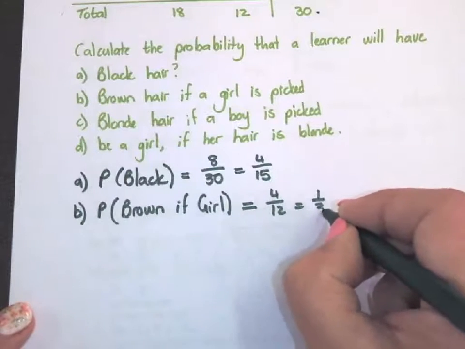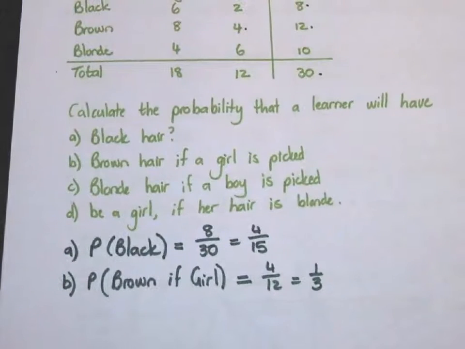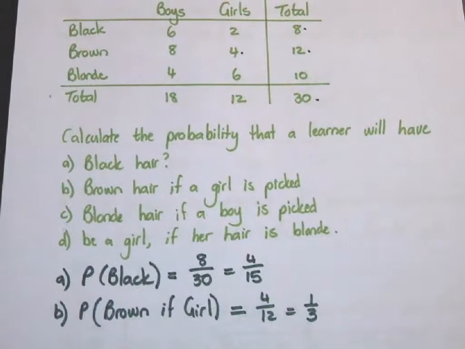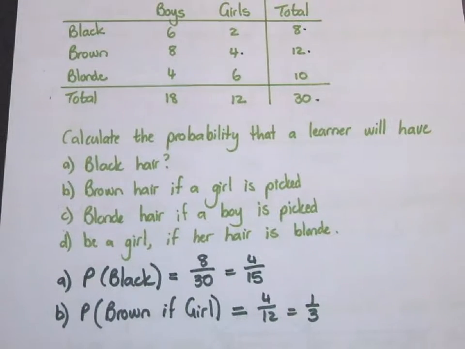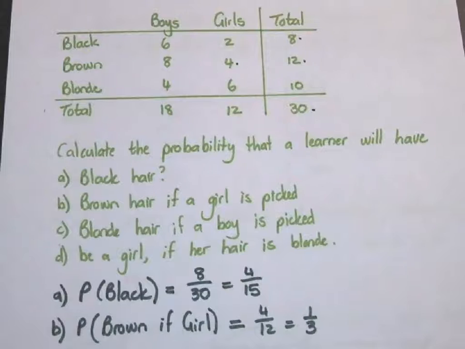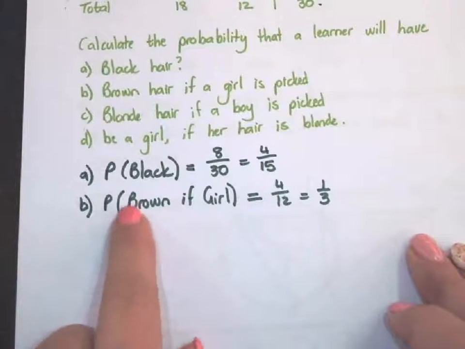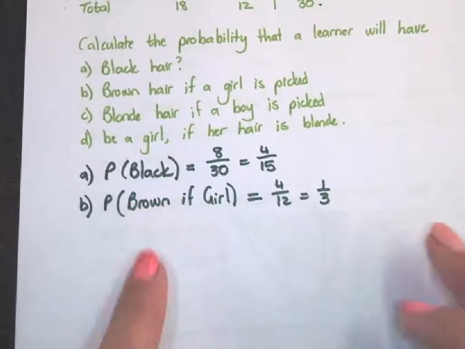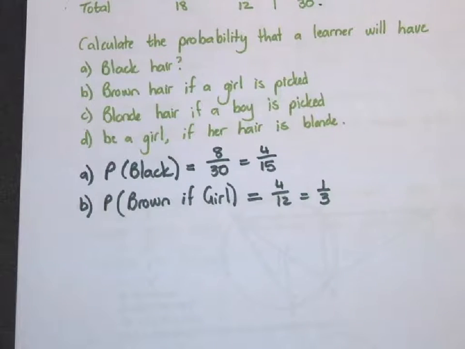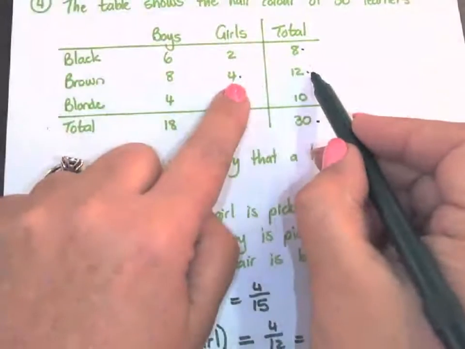That is a third. Why did you take the 12 of the total brown instead of the 12 of the total blonde? Because brown is the main thing we're looking for. Brown hair, if it is a girl, so we took brown of the brown stuff.